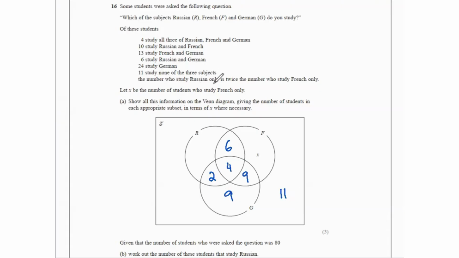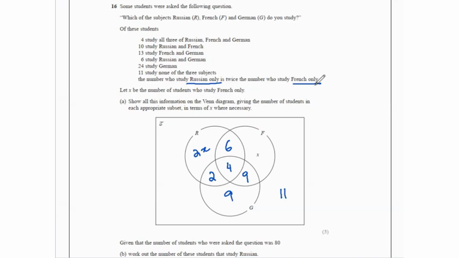The number who study Russian only is twice the number who study French only. So French only is x, which means Russian only would be twice of x. Once again, look at the statement: Russian only, French only. If you remember the previous question, I said if it says just studies French, that's all of the people who study French.